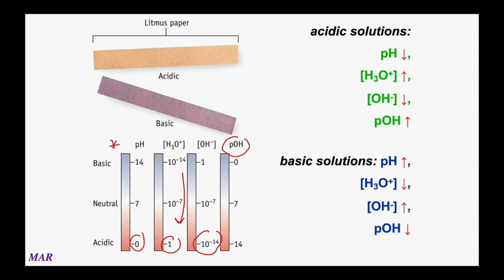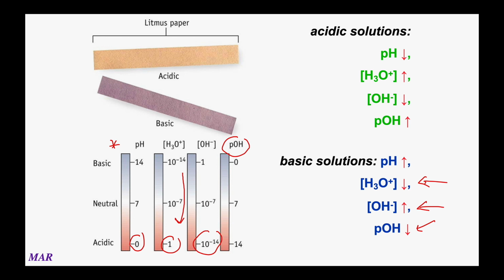In basic solutions, it's the opposite. In a basic solution, you would have a high pH, larger than 7. And basic solutions means your hydroxide will be higher. That means your hydronium will be lower. But high hydroxide, small pOH. pOH is going to be smaller. Just like acidic solutions have small pHs, basic solutions have small pOHs.